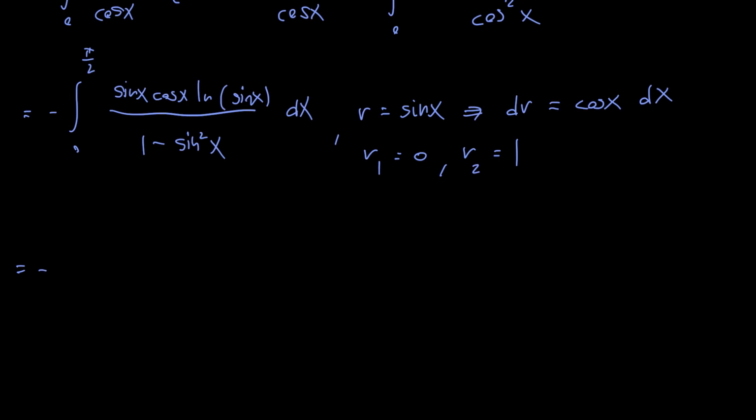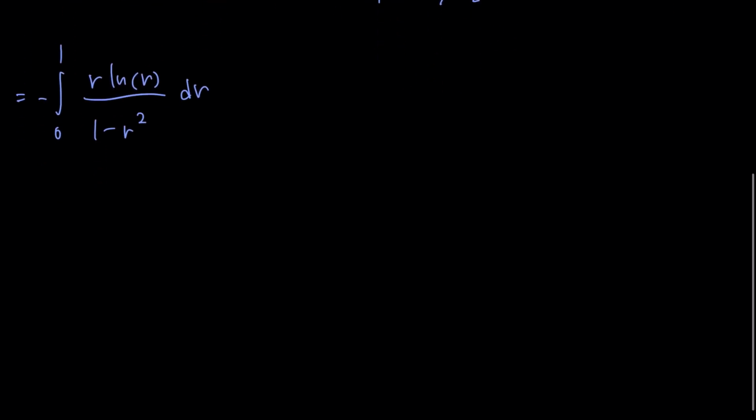So we'll have negative the integral from 0 to 1 of r natural log of r over 1 minus r squared, and this cosine x dx term will become a dr. And then once again, we'll use another substitution.